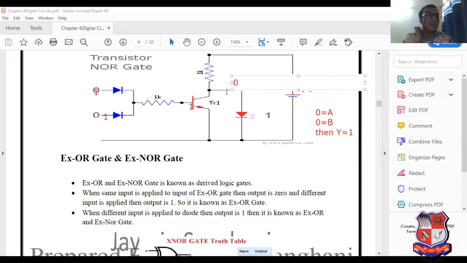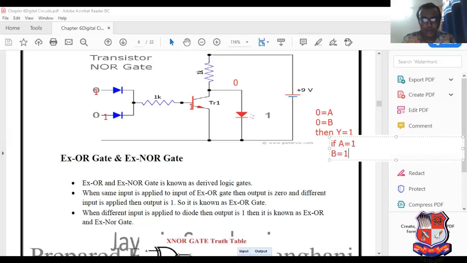Because base and collector are opposite to each other. Simply remember this. So the LED will not turn on. Here the voltage is 0. That's why if A equal to 1, B equal to 1, then Y equal to 0.